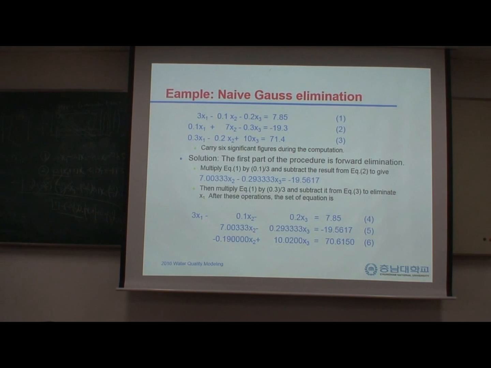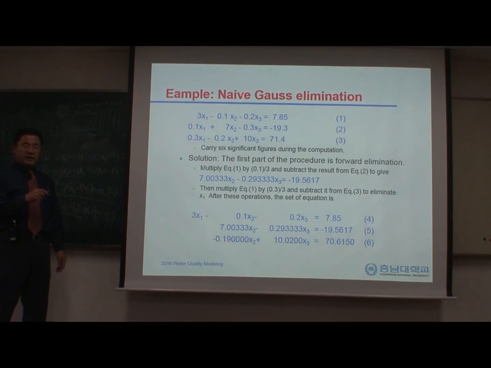What we did in here is we picked this number and this number to have some multiplication factor, 0.1 and 3. What if this 3 is 0?